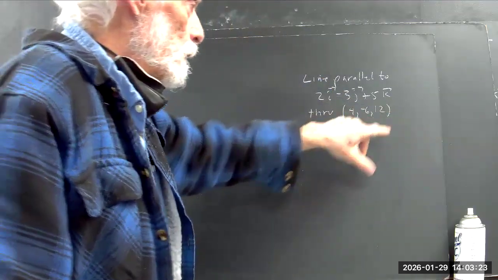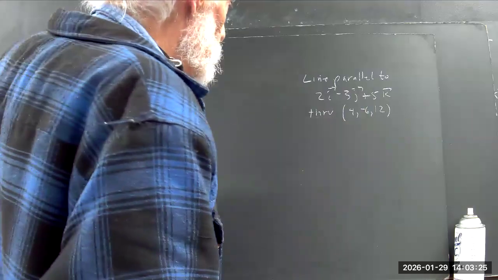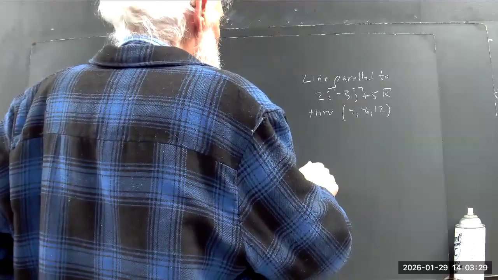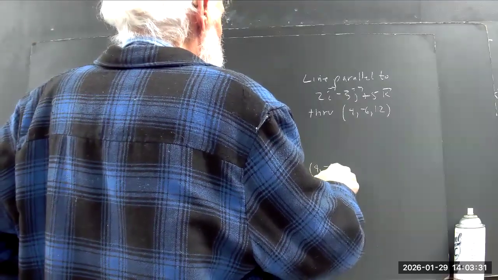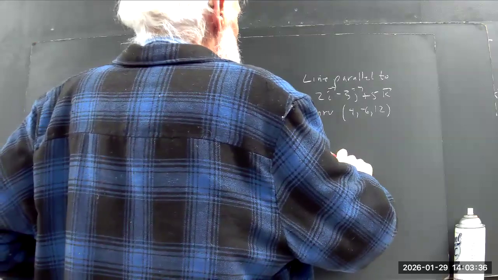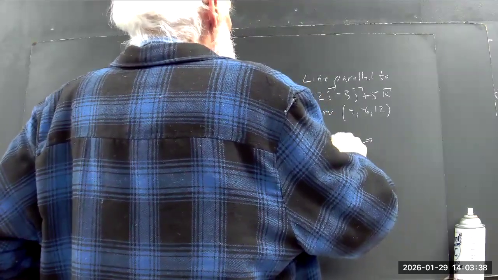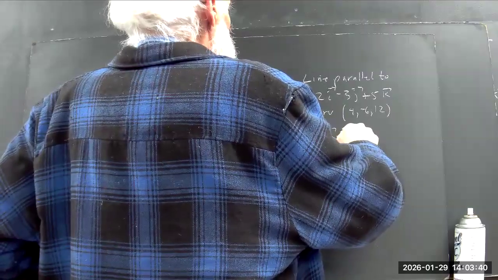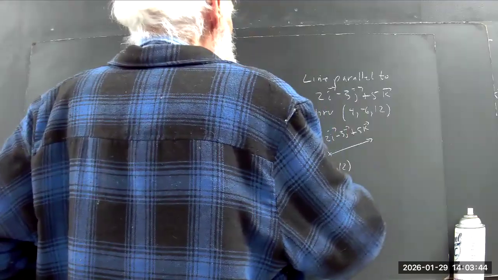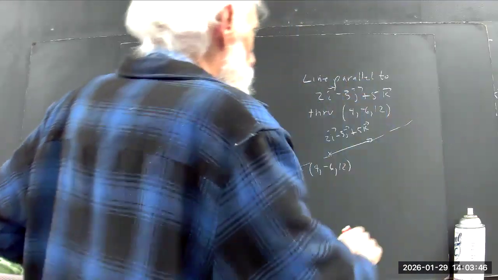Line parallel with this vector through 4, negative 6, 12. Look at the video. It just means you've got 4, negative 6, 12 sitting here someplace, and you've got this vector 2i minus 3j plus 5k, and you've got the line.